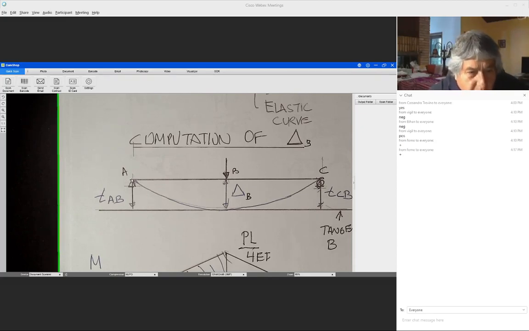This is a distance from a point on the elastic curve to the tangent, that's why I call it T from A to B. Because of symmetry, this is the same as that. This will be equal to the moment of the area under the M over EI diagram between A and B about point A.